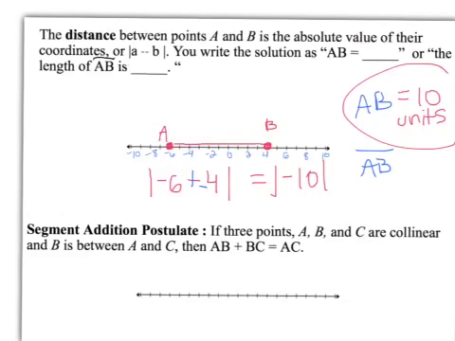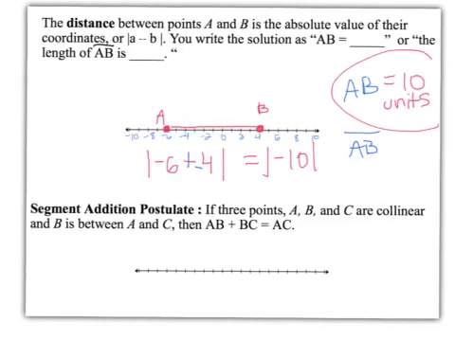Now the segment addition postulate says that if there's 3 points, A, B, and C, and they're collinear, and B is between A and C, then AB plus BC, so the length of AB plus the length of BC, will equal the length of AC. So say we have 3 points.